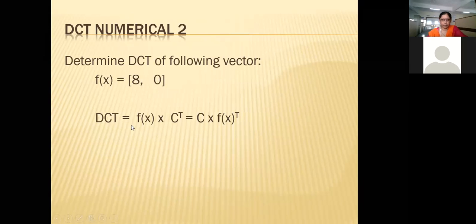So you can use this first equation, f(x) into C transpose, to determine the DCT coefficients, or you can also use C into f(x) transpose. That is, keep the DCT coefficient matrix as it is and multiply it by the transpose of f(x), that is a column vector. Okay, so you will get your DCT result as a column vector and not a row vector. That's the only difference. Okay. So now compute this and type your final answer in the chat box.